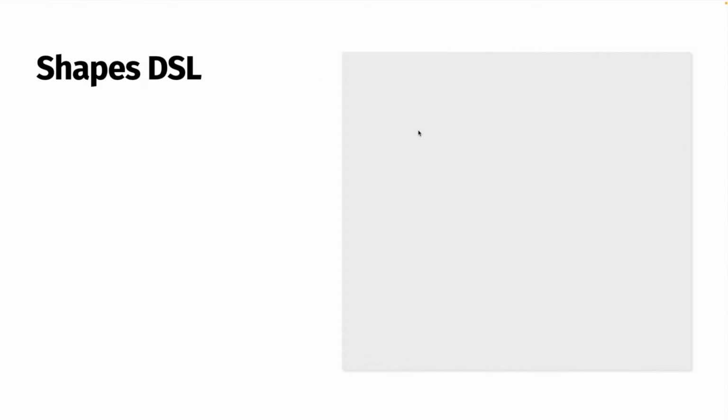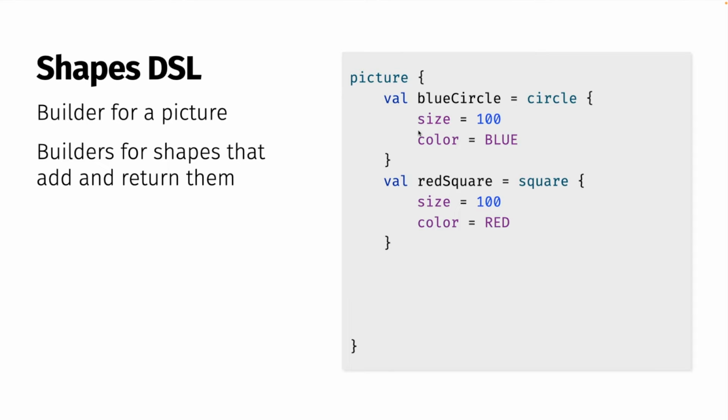Okay, so let's get to the shapes DSL. So the DSL that we build on the API that I showed briefly before. So we're going to have a type-safe builder for a picture. Inside it, now we have an instance of picture, so we can create shapes, so a circle with this size and color, a square.